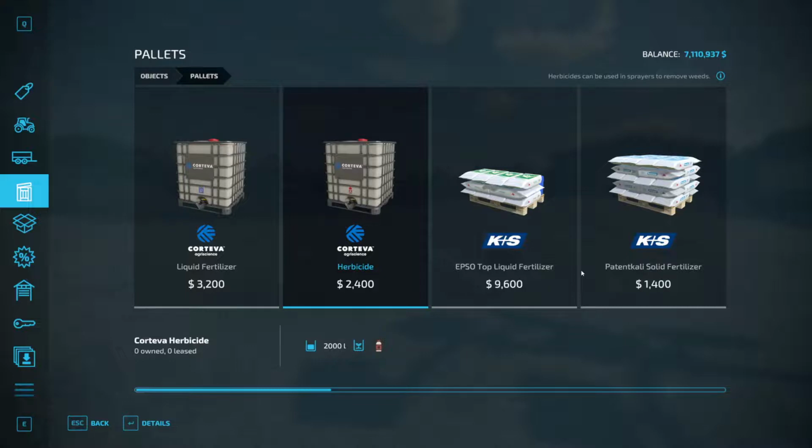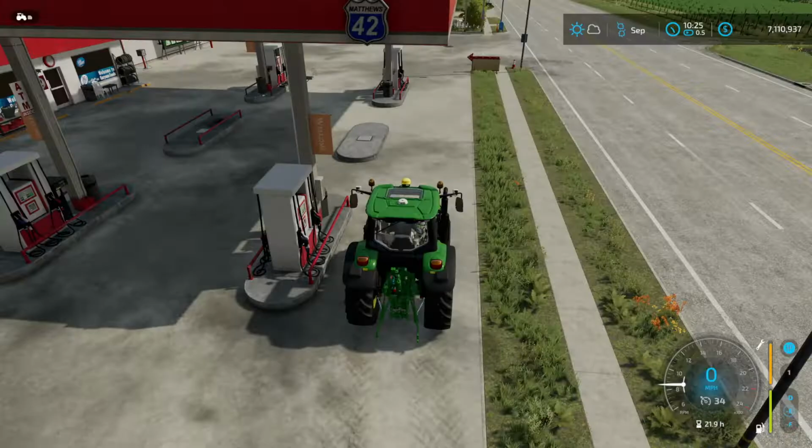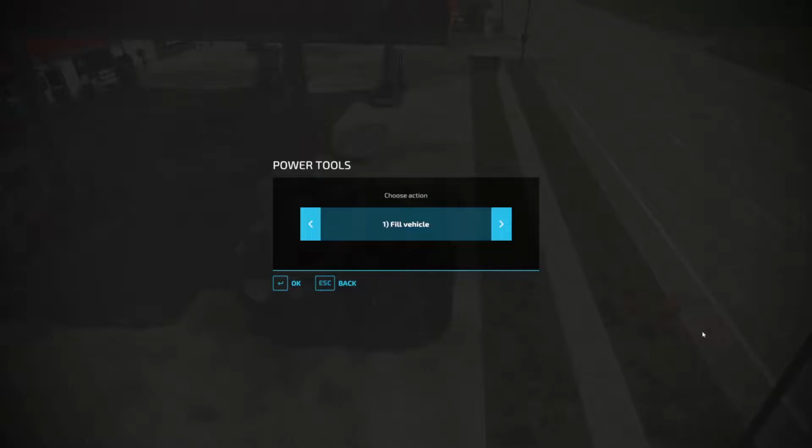Let's try that with diesel. My John Deere 6120M has a very nice fuel tank of 175 liters. So let's fill this up first, just to make sure we're doing the math correctly.